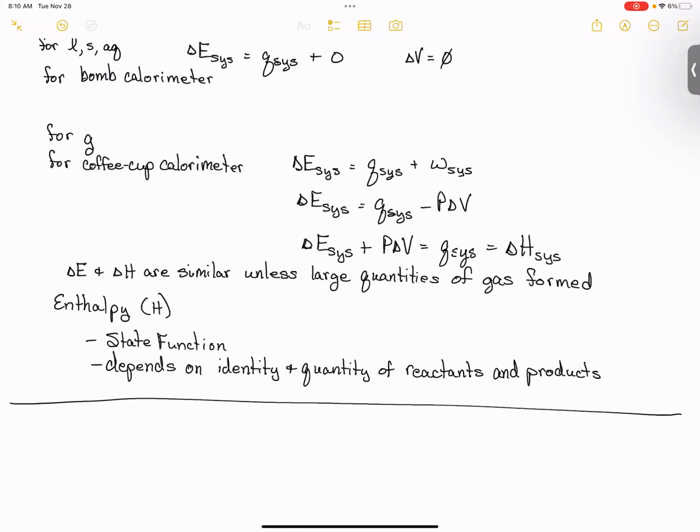What we're going to do today is, number one, we are going to look at where the energy comes from for a chemical reaction.